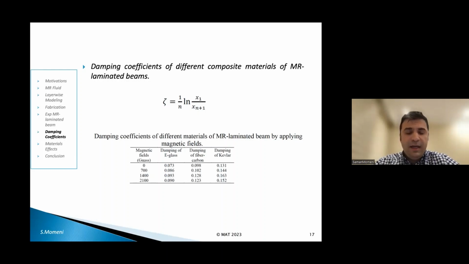By applying the magnetic fields up to 1,400 Gauss, the damping coefficients for e-glass, fiber carbon, and Kevlar have increased.